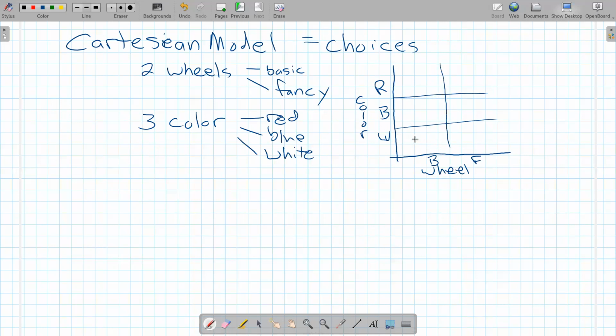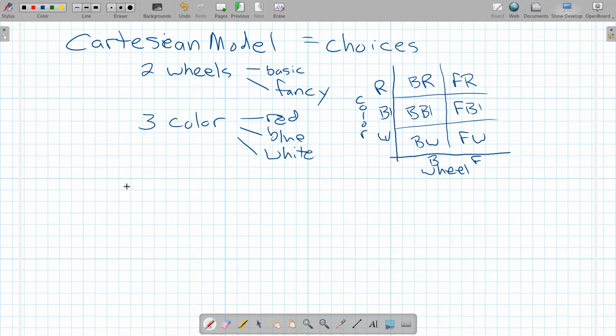Right, so I could get the basic wheels with a white car. I could get the basic wheels with, let's do BL for blue, with a blue car, I could get the basic wheels with a red car. I could get the fancy wheels on a white car, fancy wheels on a blue car, or fancy wheels on a red car, and I get 6 total choices with the Cartesian model there.